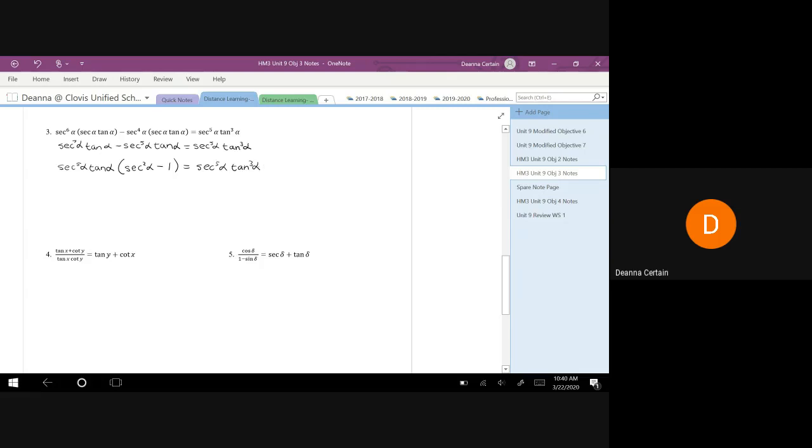Okay, so now you're looking at your 2 sides of the equation going, man, it's getting a lot closer here. We have a secant to the 5th alpha in common, so something needs to happen with that secant squared alpha minus 1 to get it to go away, to get it turned into a tangent somehow.